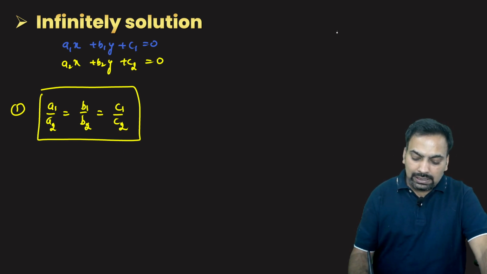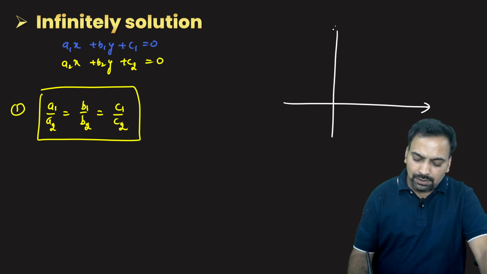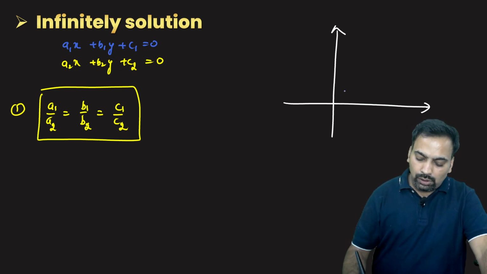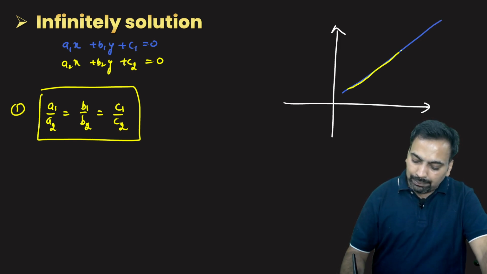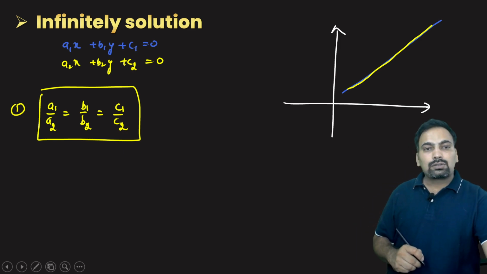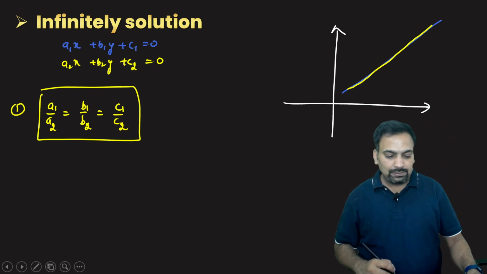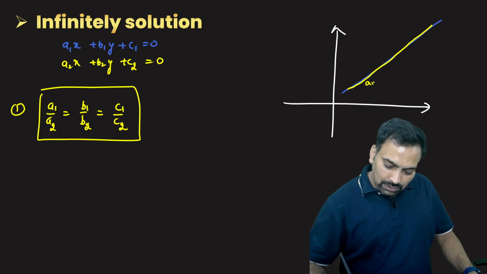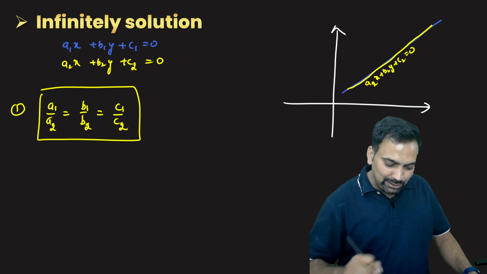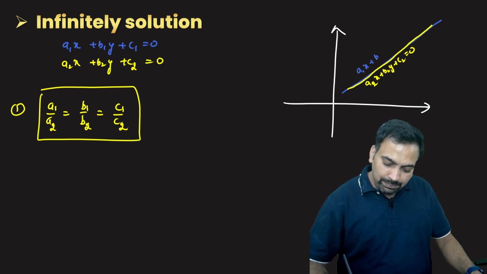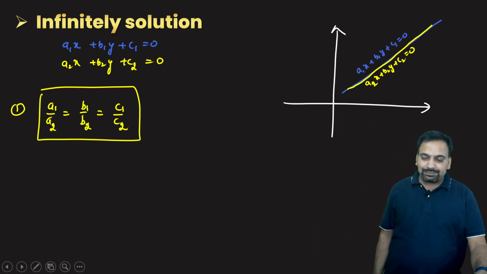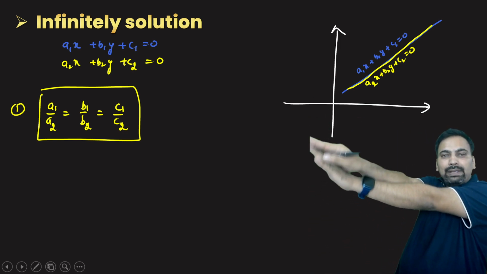In a graph, when you draw these types of equations, the two lines overlap each other. This is the equation a2x plus b2y plus c2 is equal to 0, and this is a1x plus b1y plus c1 is equal to 0. Both the equations overlap each other.